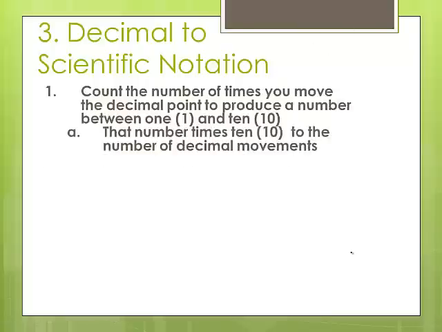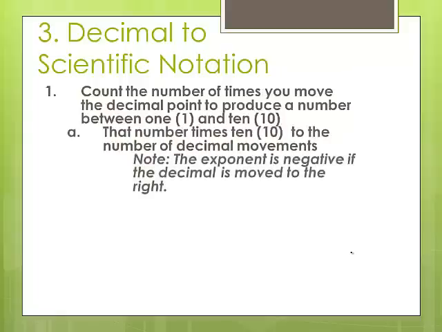That number of times becomes the exponent on the power of 10. If the exponent is positive, that means that the initial value is greater than 1. If the exponent is negative, the initial value was smaller by a certain number of decimal places.